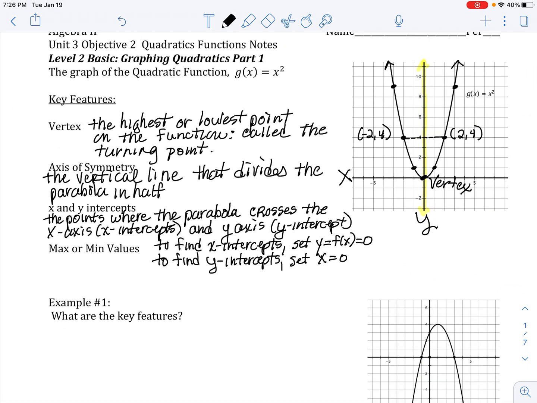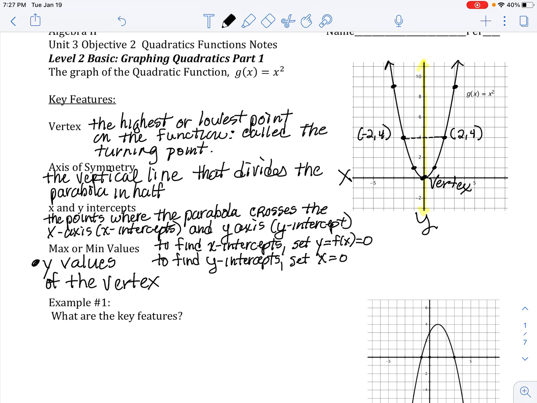All right, now every quadratic is going to have a maximum point or a minimum point. Your max or min values are the y values of the vertex.